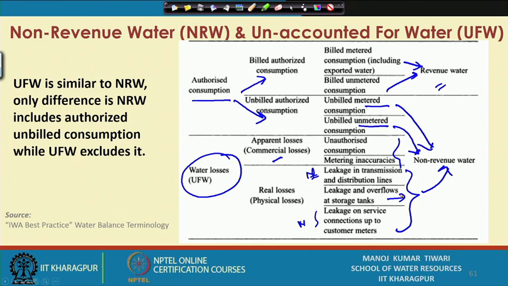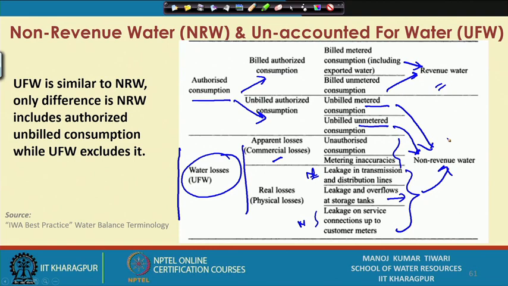The physical and commercial losses in combination are typically referred to as water losses, which is given the term UFW, which means unaccounted for water. So, unaccounted for water is essentially the combination of apparent losses and real losses, and if one adds the unbilled authorized consumption, which is accounted but not billed, then you get the total non-revenue water.